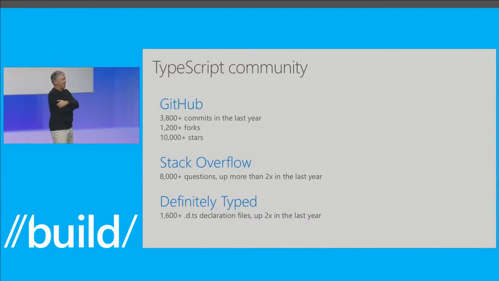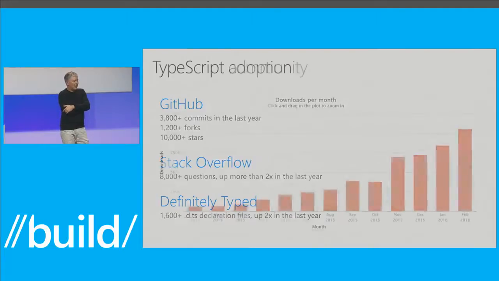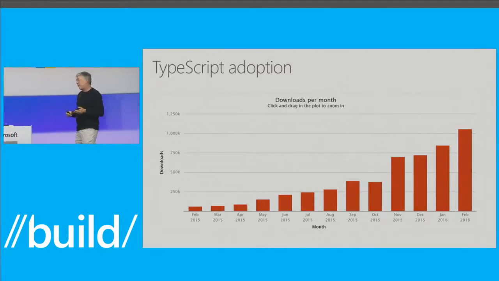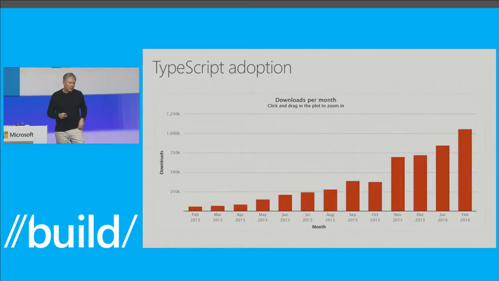The community is very active, and I encourage you to go and interact with our team. We're there every day on Stack Overflow and DefinitelyTyped. Adoption is pretty amazing. Our adoption numbers on NPM are up 15 to 20x over the last year.